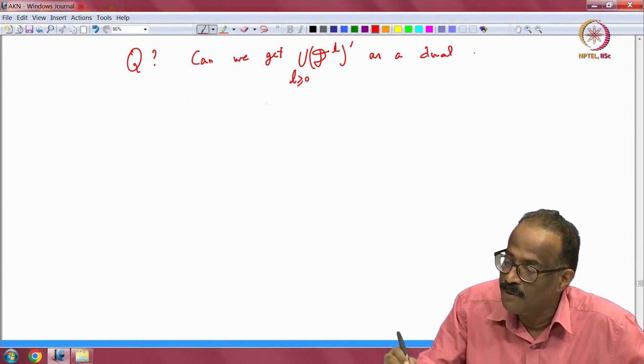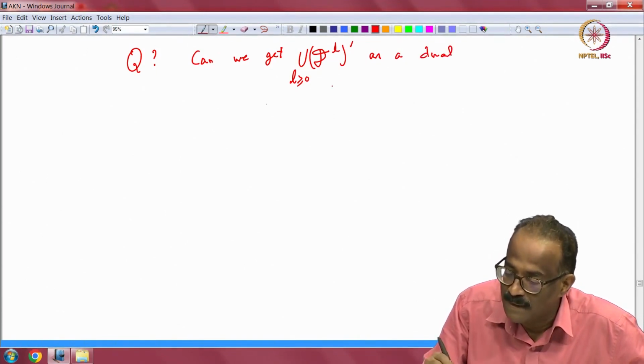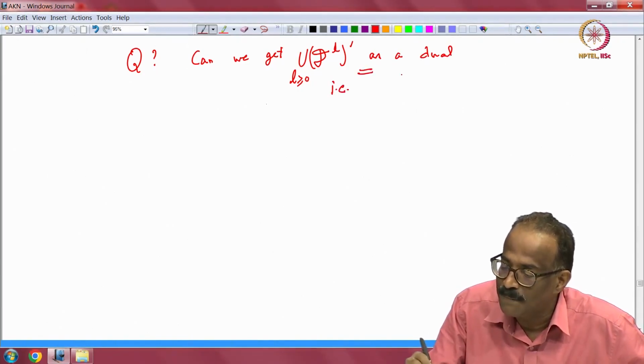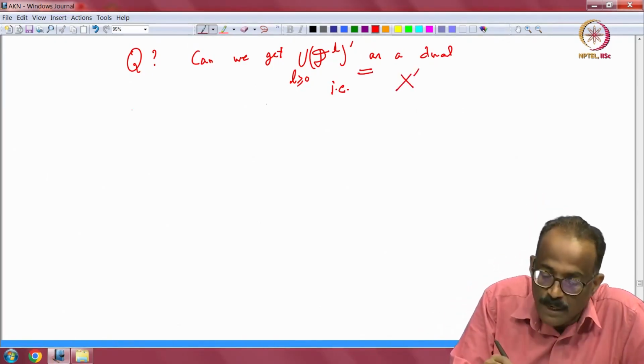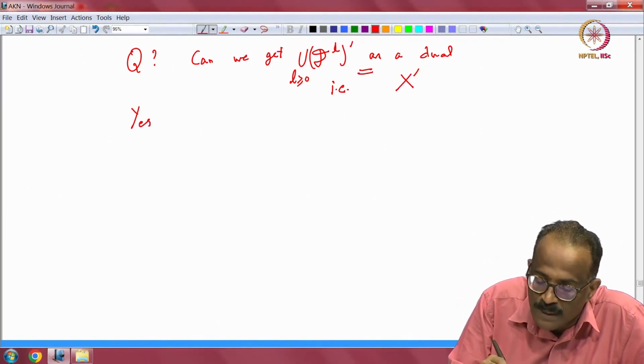So, can you get some x, that is, can we write this is equal to some x prime with appropriate topology? Yes, you can do that also. So, I will not give all the detail.